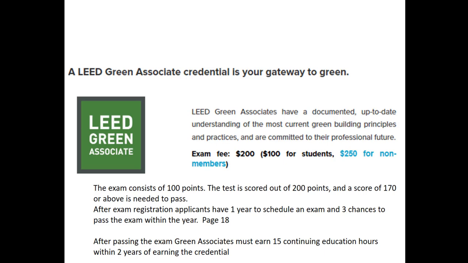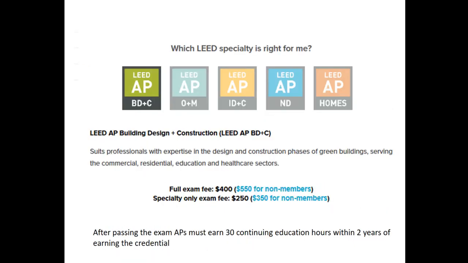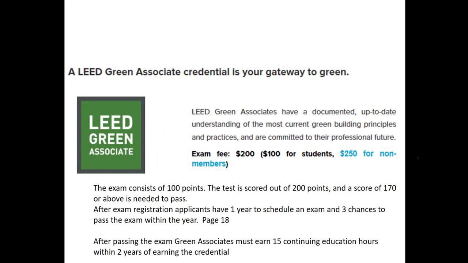Some are more weighted than others, and we can talk about that a little bit too. You only need to have a score of 170 or above to pass that. So you don't need to be able to answer all the questions, but a certain percentage of those questions.